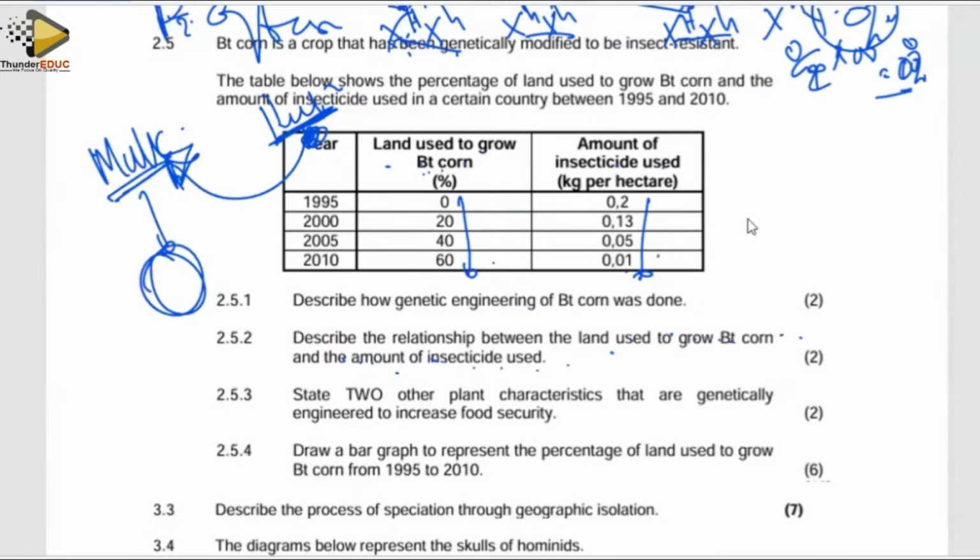They're saying state two other plant characteristics that are genetically engineered to increase food security. State two other characteristics. So if you go back to our genetic engineering, we see long life, drought resistance, nutrients, increased size, crop yield, herbicide resistance, all this.